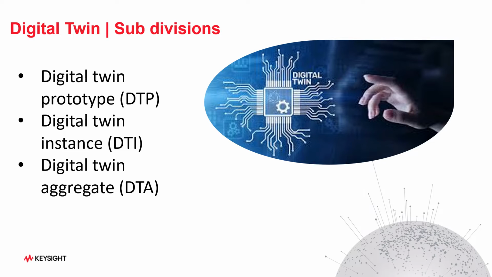The DTP or the digital twin prototype consists of the designs, analysis, and processes that realize a physical product, and it exists before there is a physical product. The DTI is the digital twin of each individual instance of the product once it is manufactured.